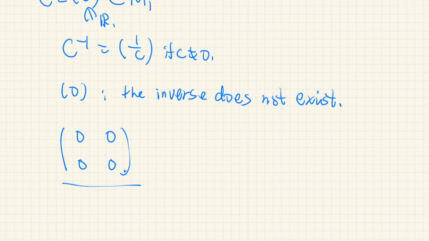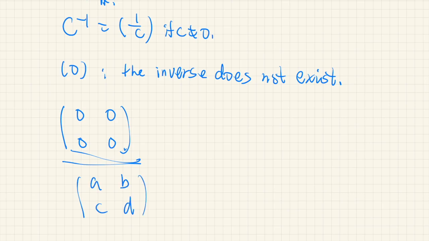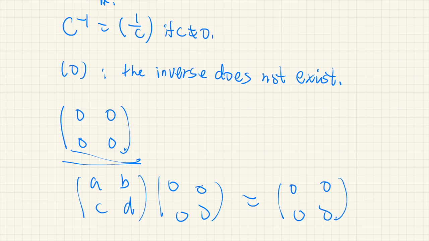In this case it is 2 by 2, but for zero matrices of any dimensions, there are no inverses. Let's say we multiply a matrix A, B, C, D by the zero matrix 0, 0, 0, 0. What is the result? If you try this, the result is 0, 0, 0, 0.